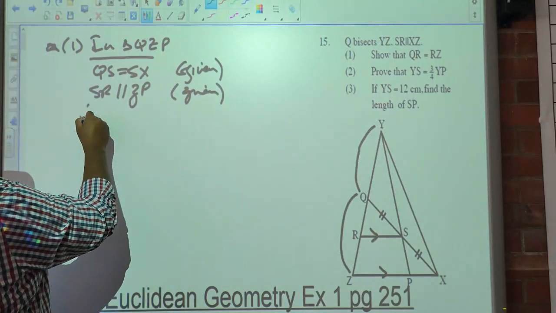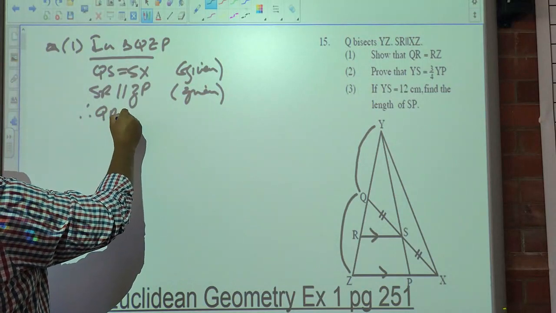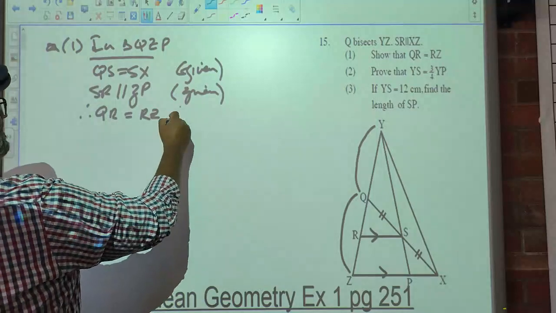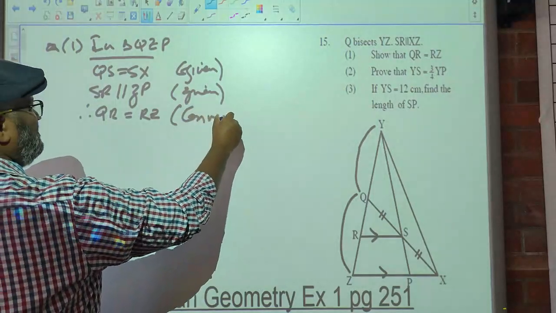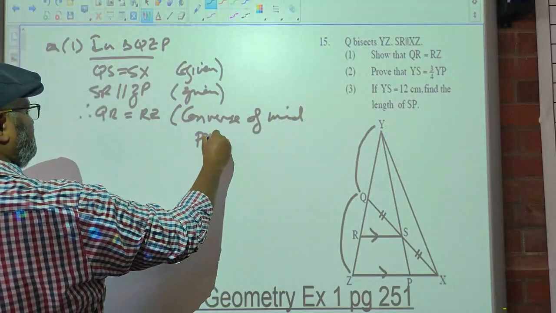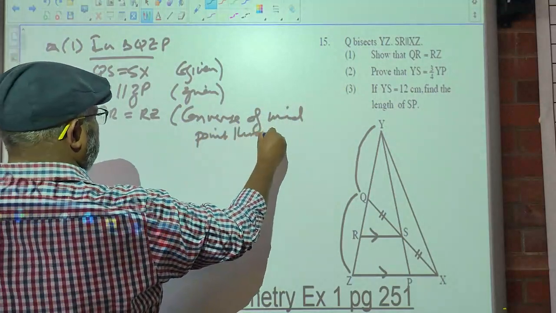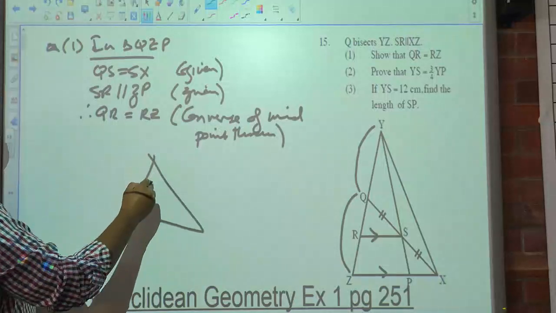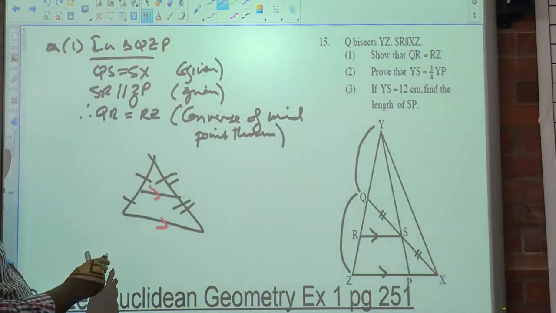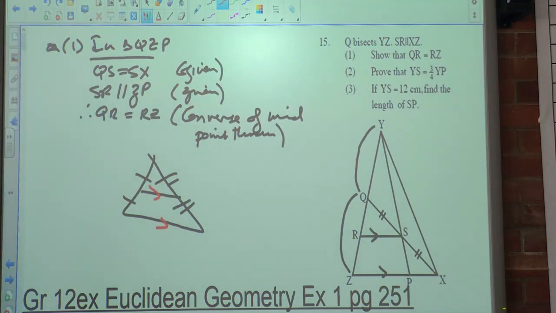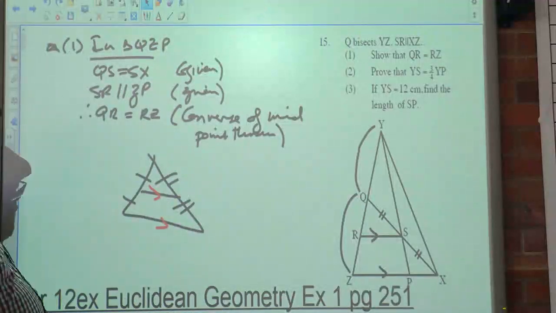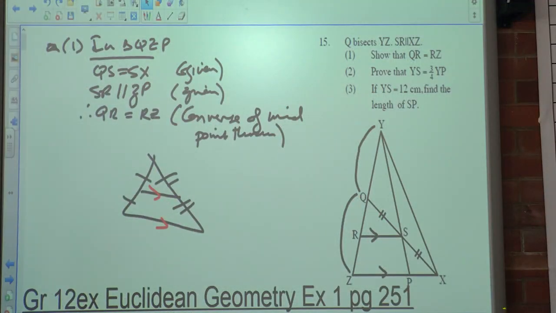So therefore, QR is equal to RZ. Why? Because of the converse of the midpoint theorem. Remember, if that's your diagram and that is equal, and you conclude that that is parallel, that is the direct application of the midpoint theorem. But this is actually the reverse application of the midpoint theorem. That's why it's called the converse.